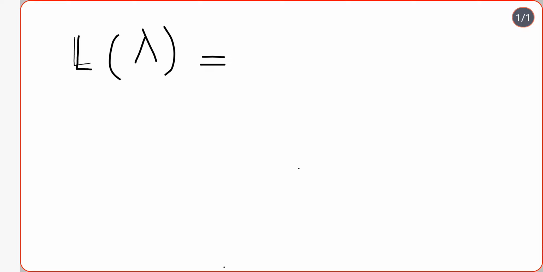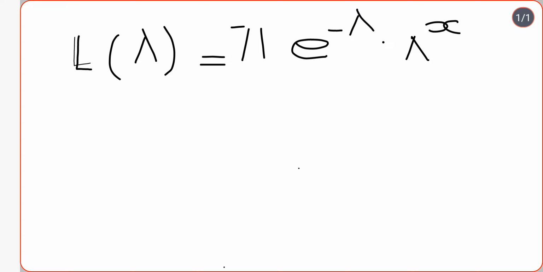Now the Poisson distribution is a function of lambda, because lambda is the only parameter present in the Poisson distribution. So I am writing L of lambda, that is nothing but a function of lambda, and the function will be e to the power minus lambda into lambda to the power x, and this will be in a product form.